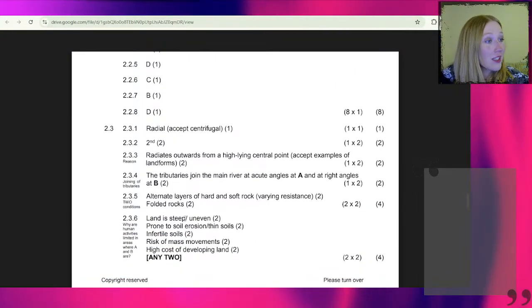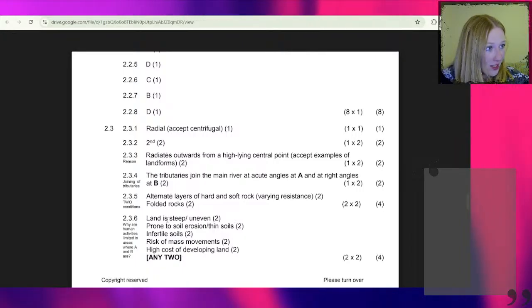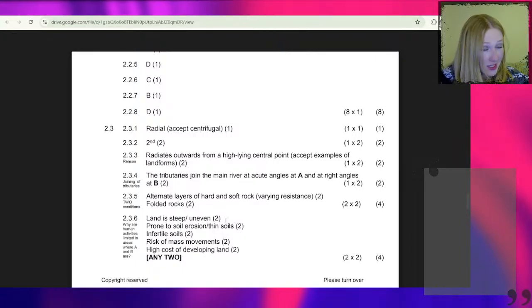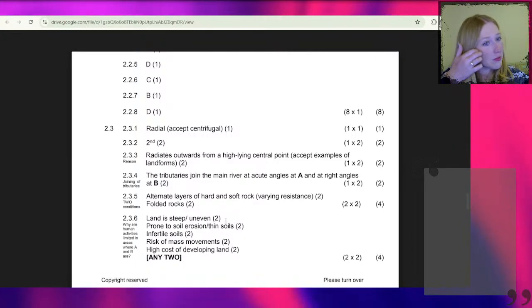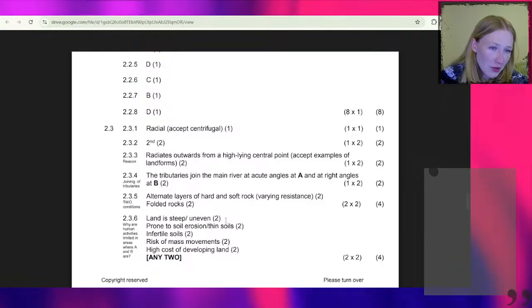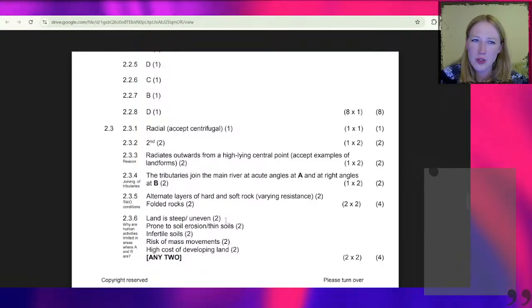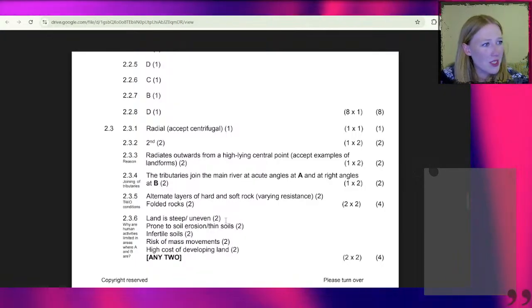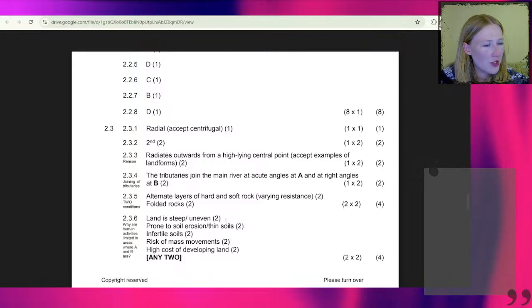Okay, it looks fair. Land is steep or uneven. It's kind of what I was saying with the mountains. Prone to soil erosion, thin soil, infertile soil. I don't know how they got to infertile soil. Risk of mass movement and high cost of developing land.